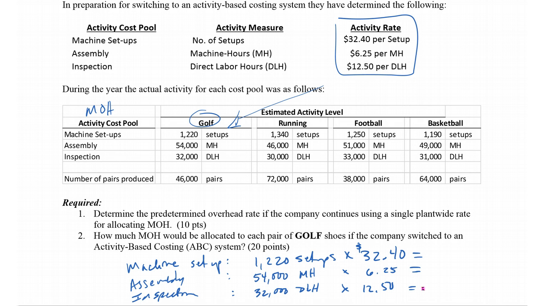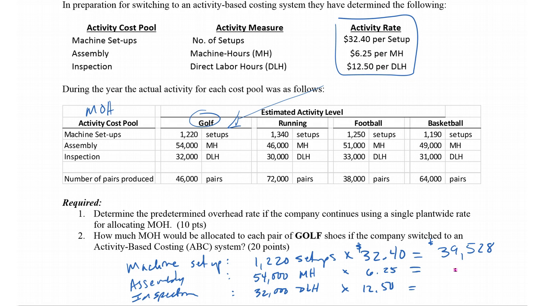So let me do the math on this real quick. Let me double check that. Okay, yeah, so it was 39,528. That's how much overhead is going to get allocated for the setups to golf.